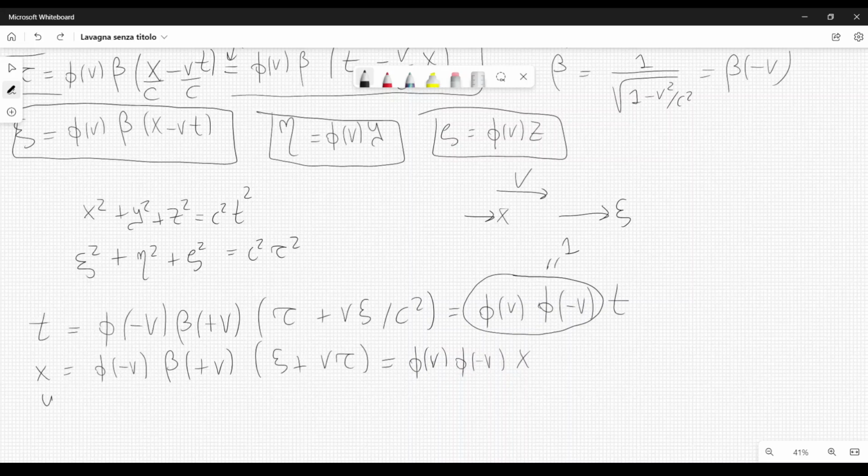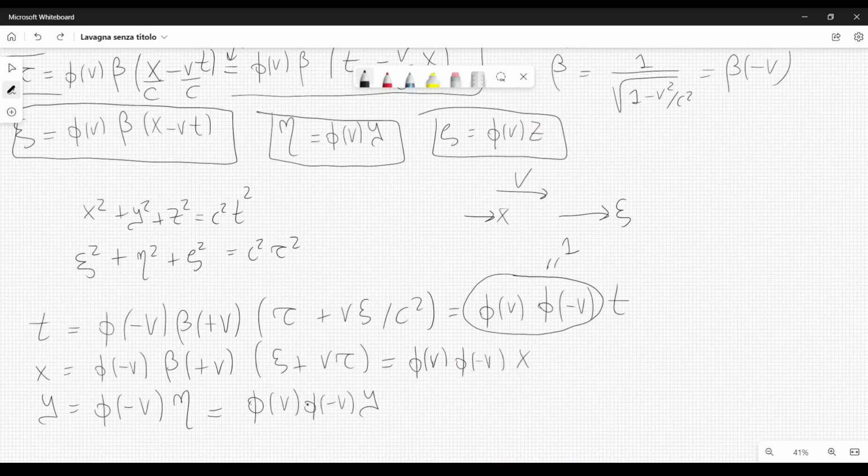Then we get y equal to phi of minus v eta. And in this case, this is also equal to phi of v times phi of minus v times y. It's easy to see because from here, eta is equal to phi of v times y. So if you substitute it here, you get this expression.